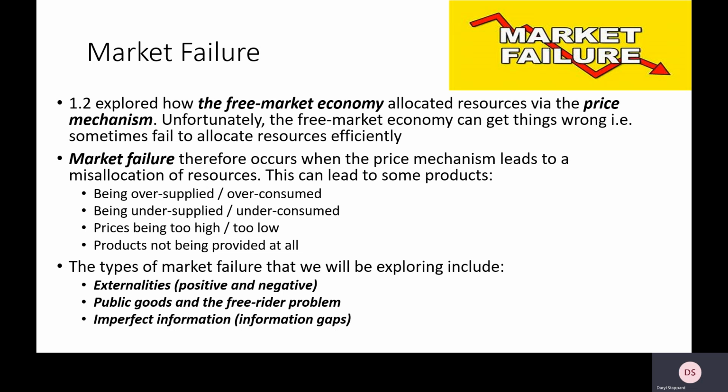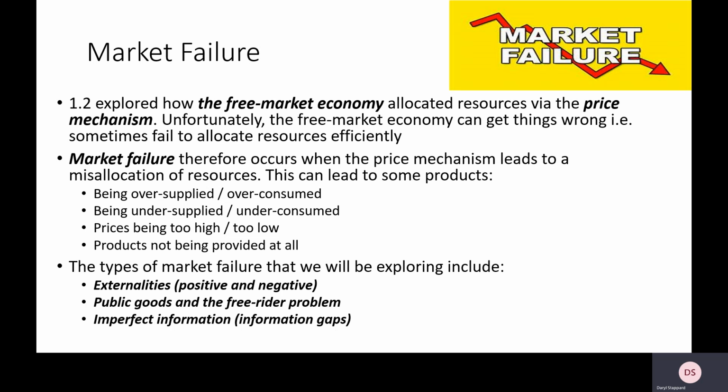What we're going to be learning about in this topic is how the free market economy can fail. In other words, how the price mechanism can fail to lead to an optimal allocation of resources in a marketplace. A market failure is where the price mechanism, so where supply and demand, leads to a misallocation of resources.